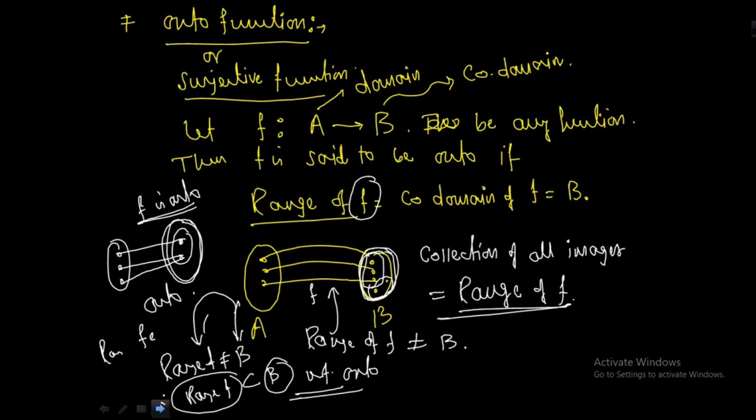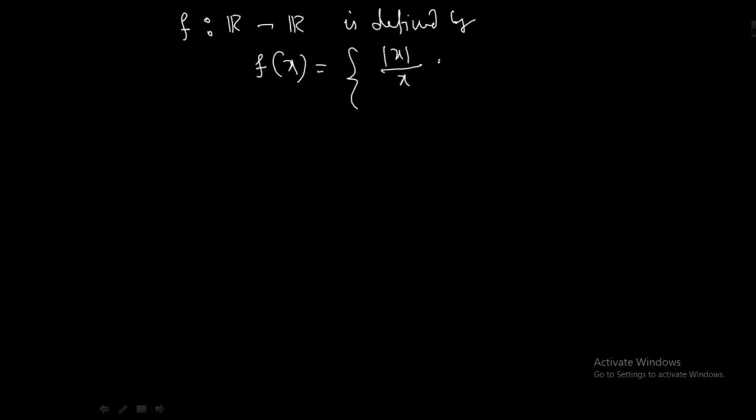For example, let us consider this function f from R to R defined by f(x) equals mod x by x, the signum function, when x is not equal to 0, and 0 whenever x is equal to 0.